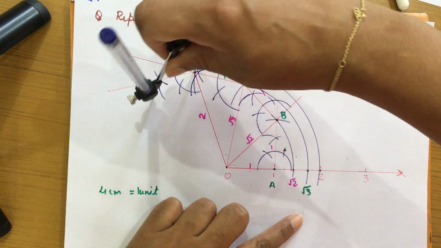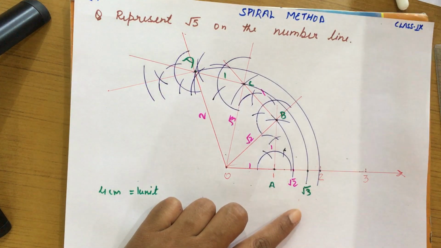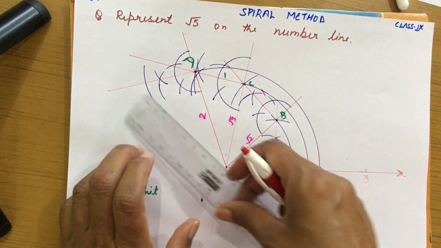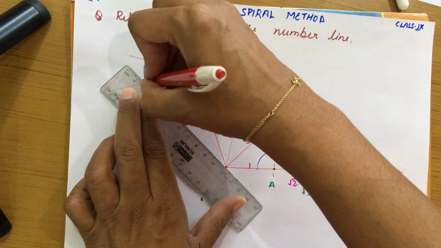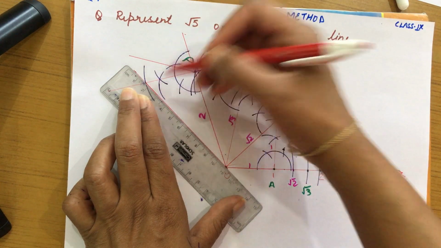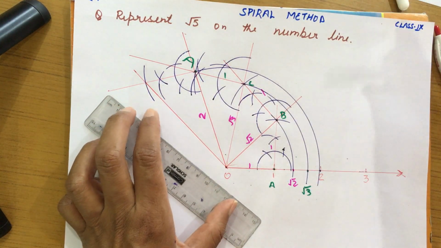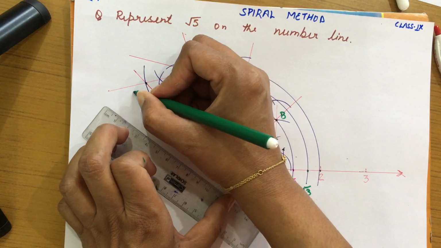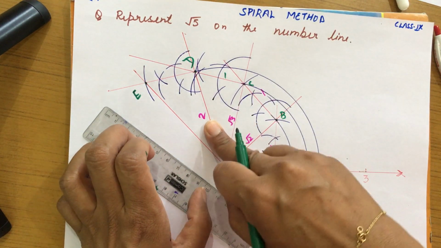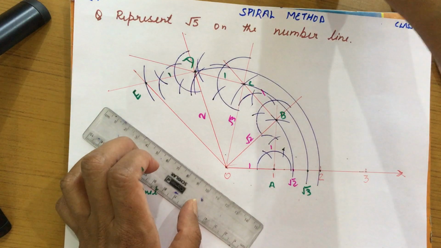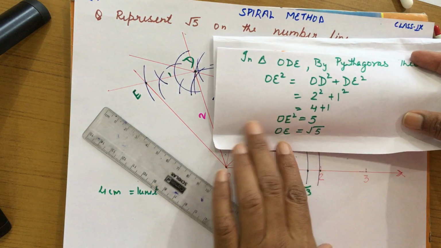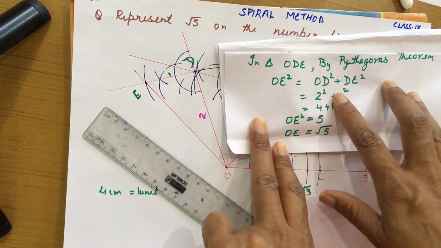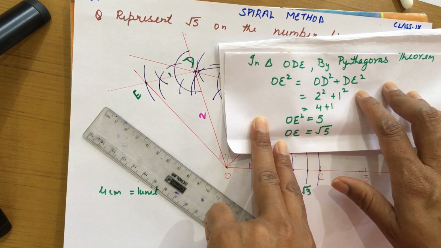From D point, cut an arc, join with 0, and then mark this as a point E. We all know this is my 2 and this is my 1. तो अगर इसमें पाइथागोरस थ्योरम लगेगी, then you are going to get, in triangle ODE, OE square equals OD square plus DE square.